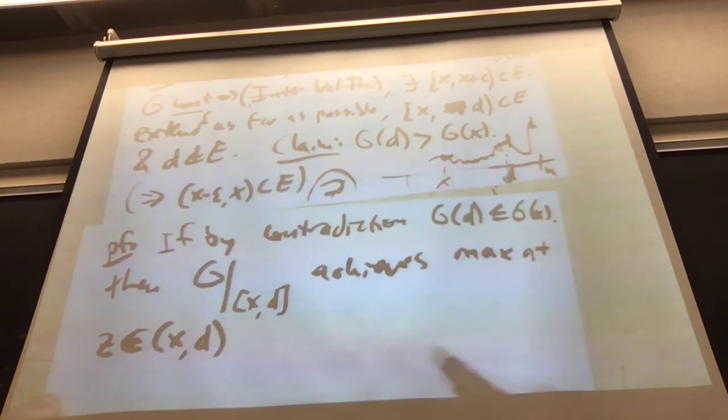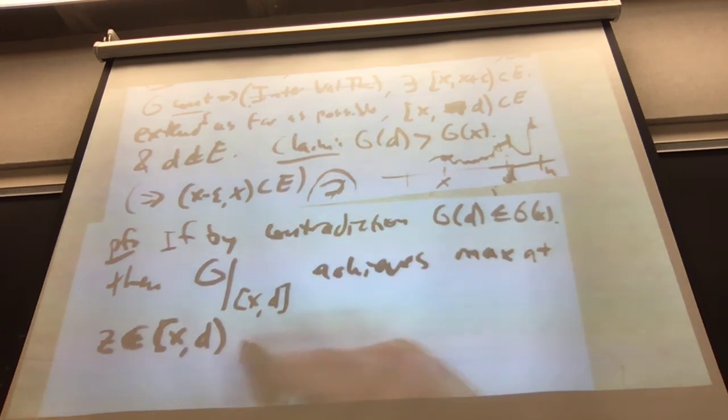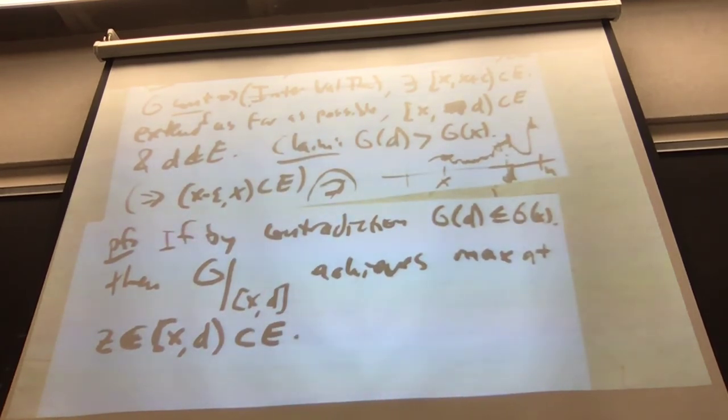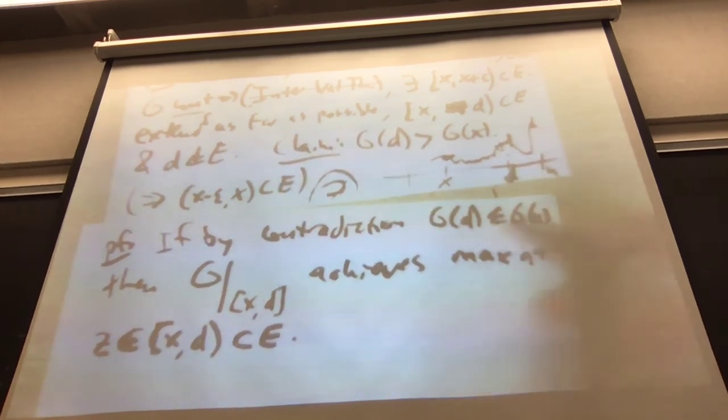Could be, I mean, x could be the biggest thing a priori, but it achieves some maximum value. And what does that mean? But z is in E, which is still okay. There could be some much later value of g that rises above z. That doesn't bother me.